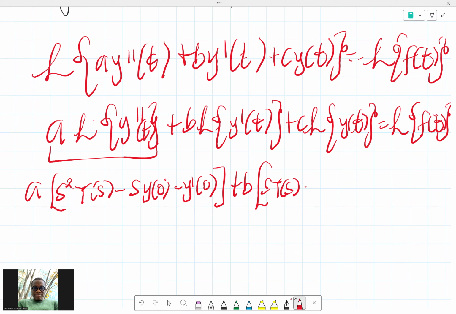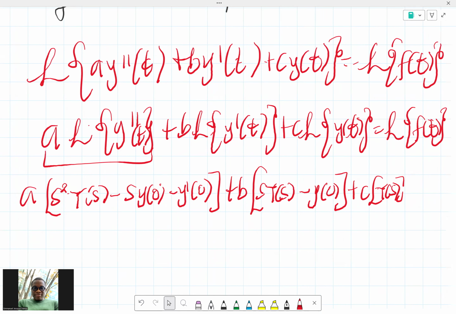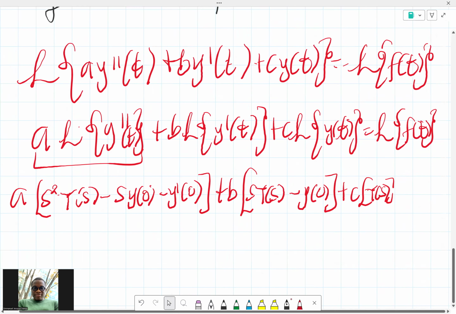Plus c Y(s), and on the right-hand side f(t) into the s domain is F(s).